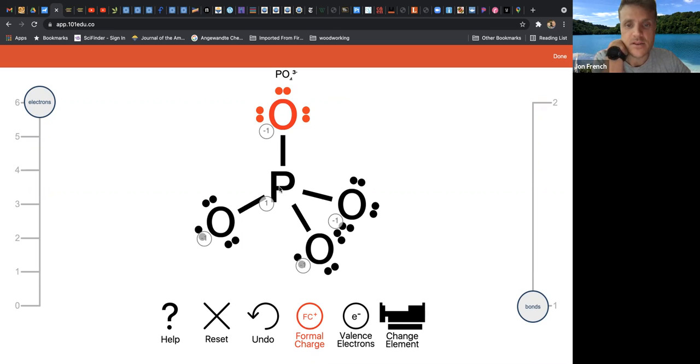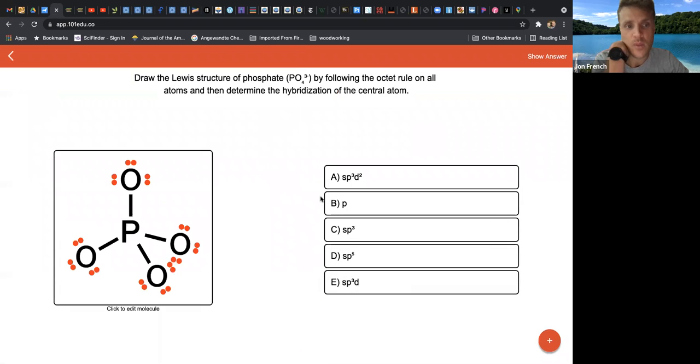Well, the hybridization of this central phosphorus is, well, we've got 1, 2, 3, 4 electron domains. To have 4 electron domains, I need 4 hybrid orbitals. So I'm going to mix together 1 s orbital and 3 p orbitals, blend those all together to get 4 hybrid orbitals that are sp3 hybridized.